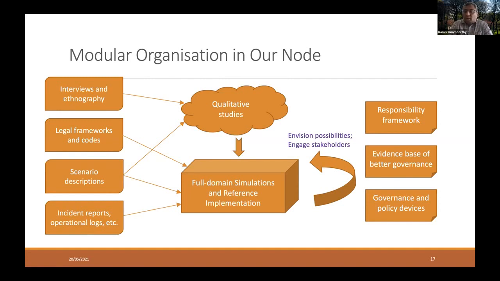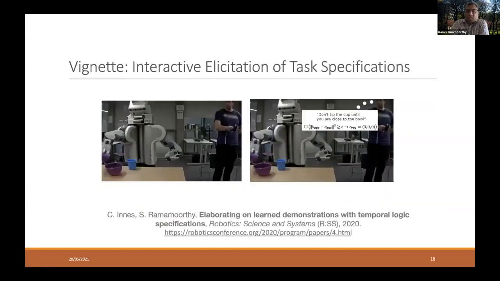What did it take? What kind of specifications did you have to use? And then governance and policy recommendations for how exactly the guidelines for usage and design of these systems should be put in place. So let me now give you a couple of vignettes of work we are drawing on, so that I can tell you precisely, in concrete terms, what case studies we might look at.